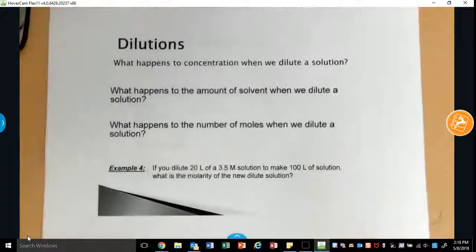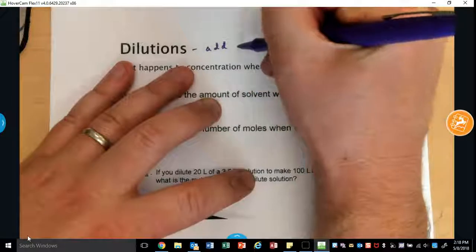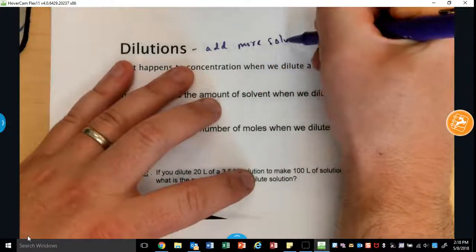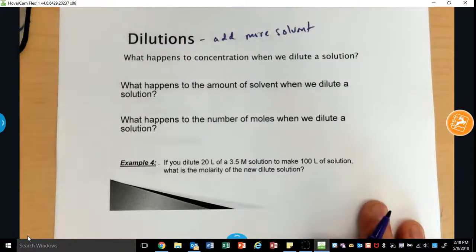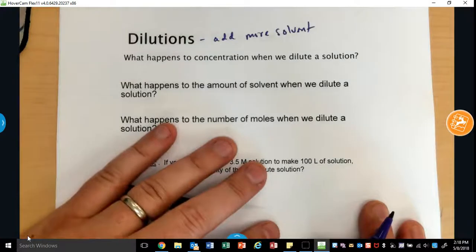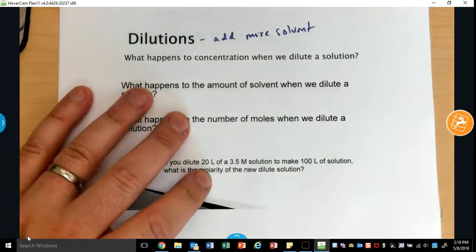All right, dilution. So dilution is when we basically add more solvent to a solution. Usually that solvent is going to be water. You know, if your Kool-Aid is too thick and sweet, you're going to dilute it by adding water. All right, so what happens to concentration when we dilute a solution?